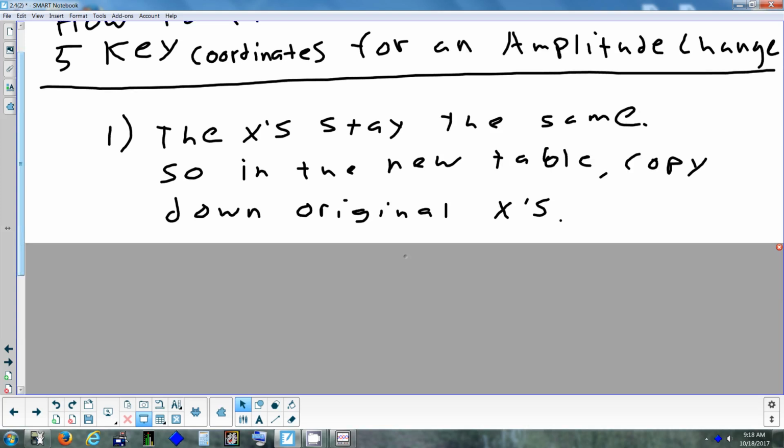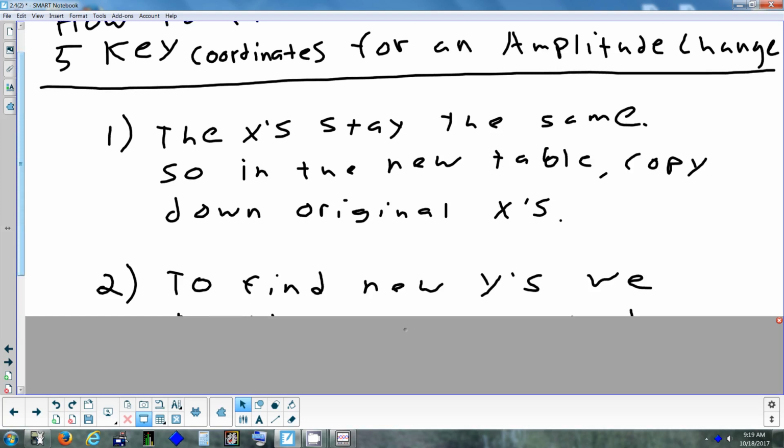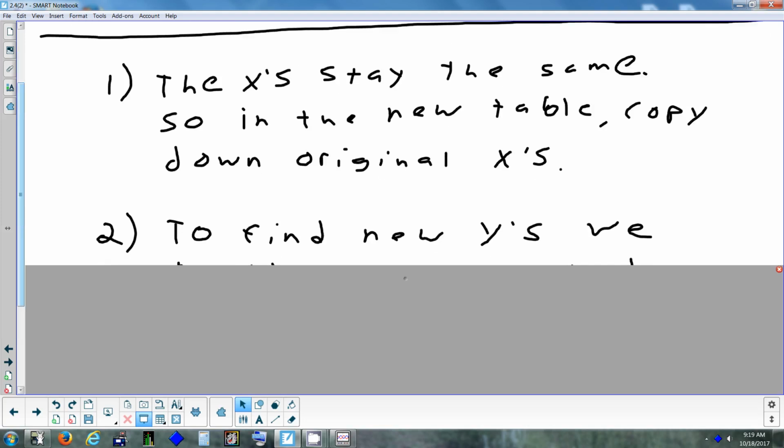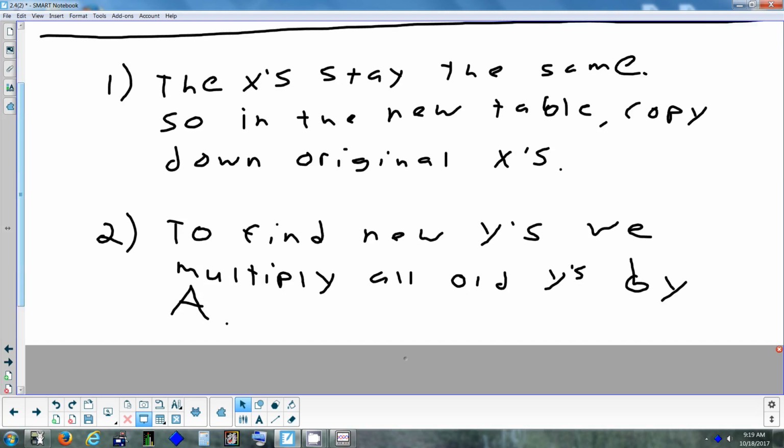So if the x's are going to stay the same, Matt, what column is going to change? The y's. And to find the new y's, it's going to be a very easy operation. Take all the old y values and multiply them by a. Notice I didn't write absolute value of a. If it's a negative number in front, multiply by a negative number. If it's a positive, multiply by a positive. When you're graphing, you have to take into account the negative, because that can cause a flip.